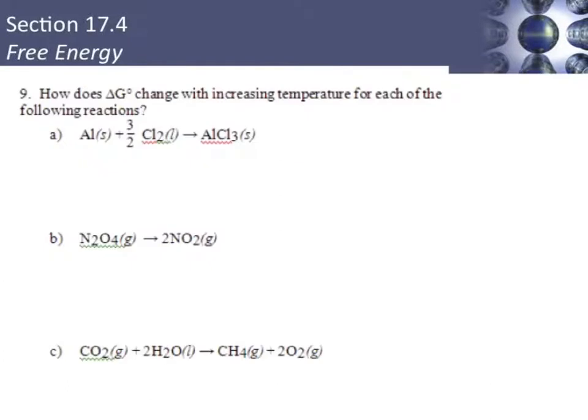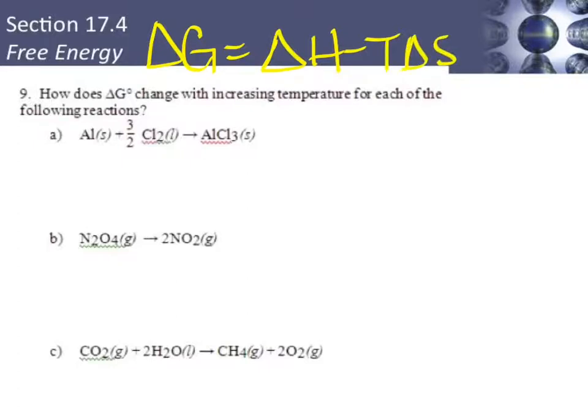These are more conceptual, looking at and seeing what's going on. We're going to put our delta G up at the top. So delta G is equal to delta H minus T delta S. How does delta G change with increasing temperature for each of the following reactions?